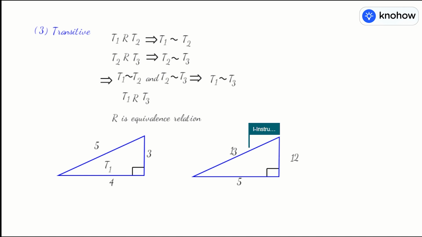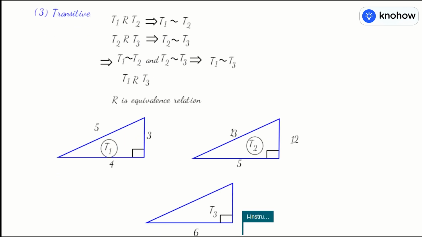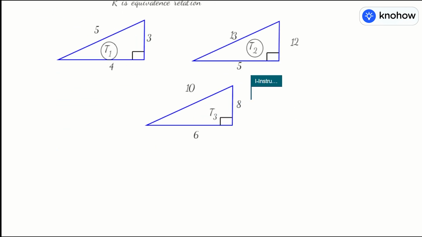Obviously it is a right triangle because 5 square plus 12 square equal to 13 square. This is T1, this is T2, and the third triangle T3, the lengths of the sides are given to be 6, 8 and 10. And clearly this is also a right angle triangle, satisfies the Pythagoras theorem as 6 square plus 8 square equal to 10 square.